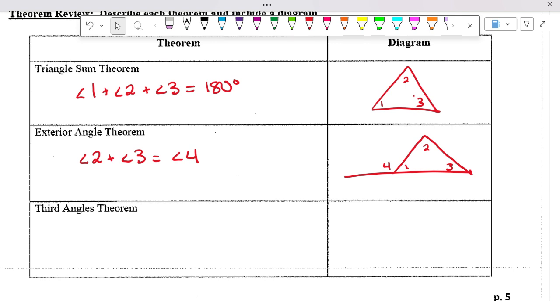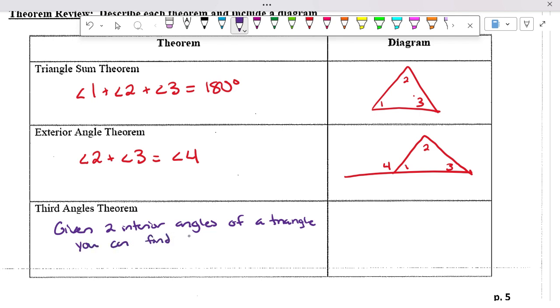Now, third angles theorem is very similar to triangle sum theorem. All the third angles theorem says is that if you are given two interior angles of a triangle, you can find the third. So in other words, if I have the triangle 1, 2, 3, let's say that angle 1 was the one we didn't know.